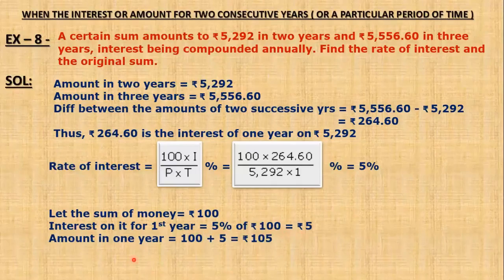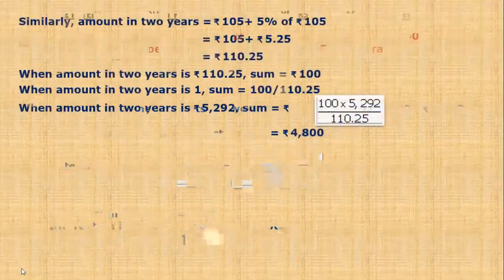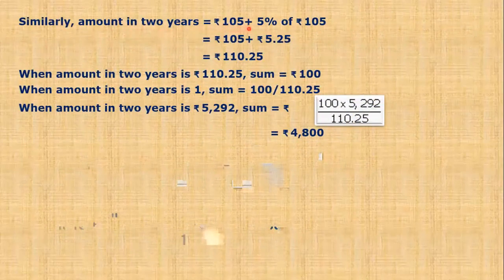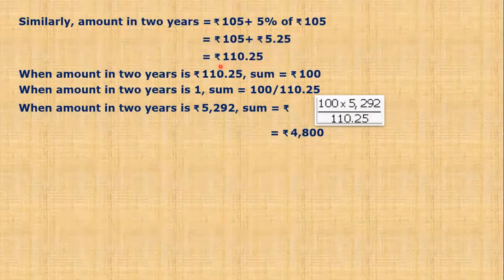Amount in 1 year is rupees 100 plus 5, that is 105. Similarly, amount in 2 years is equal to rupees 105 plus 5% interest on rupees 105, that is rupees 105 plus rupees 5.25, which will give amount in 2 years as rupees 110.25.